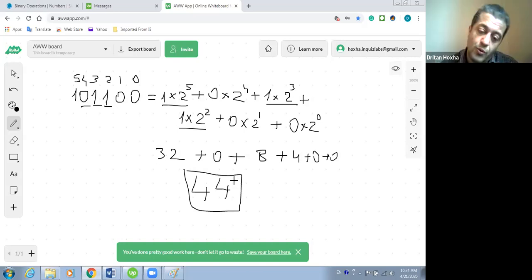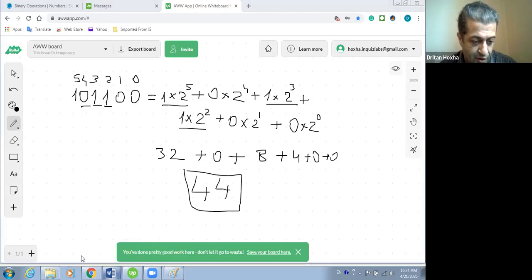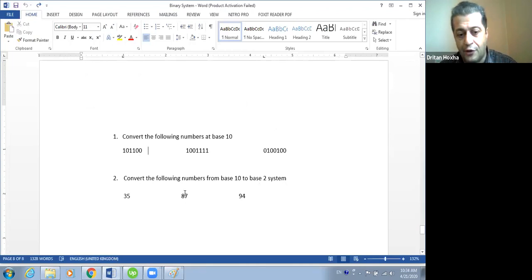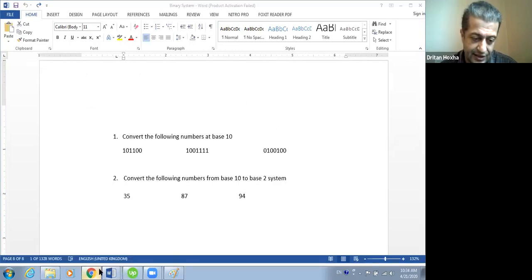Let us do another example from the reverse. I'm picking one from the first 3 and one from the second 3 exercises. Let us pick 94 and convert it into the binary system.